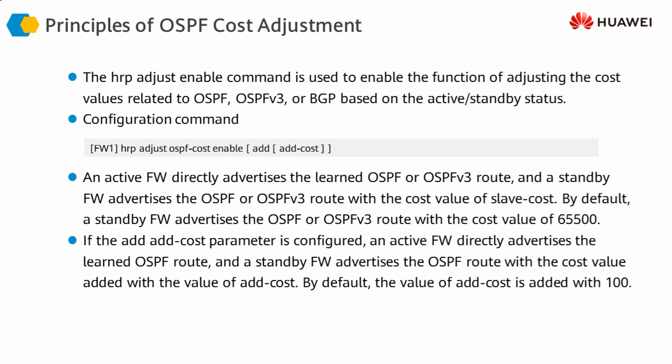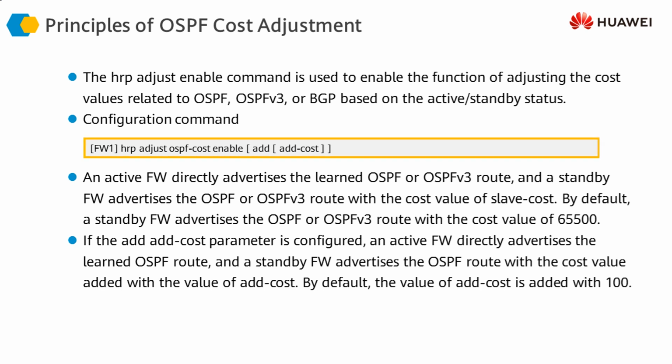For this, we have to enable the OSPF cost adjustment, and we give the HRP adjust OSPF cost enable command, and then we add the value of the metric which is going to be added to the original metric. If we do not assign any add cost value, by default it advertises 65,500.